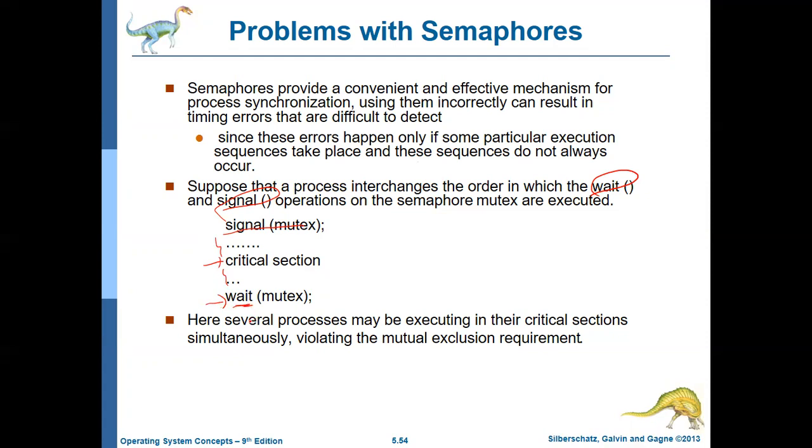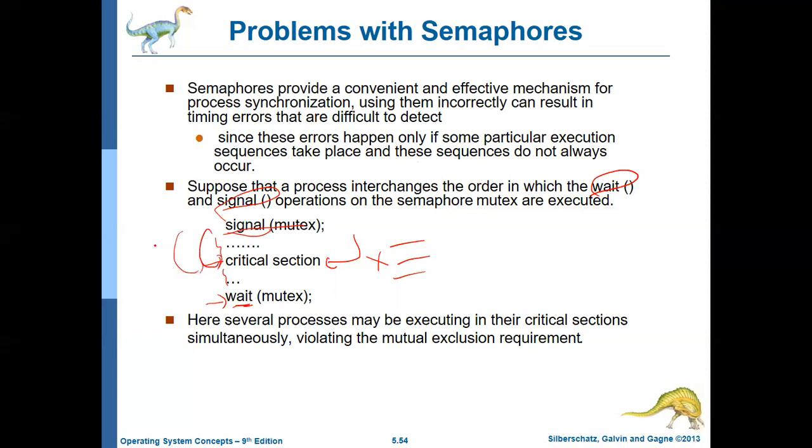If this is the order that we have written, such that it enters the critical section, then we know that many of the processes will be executing in the critical section, so the mutual exclusion property is not satisfied. We all know that mutual exclusion is a property such that if one process is in the critical section, no other process should be allowed to enter. Isn't it? That is the basic idea. But suppose signaling, we know that signaling means we are incrementing the value, and you're somehow entering the critical section.